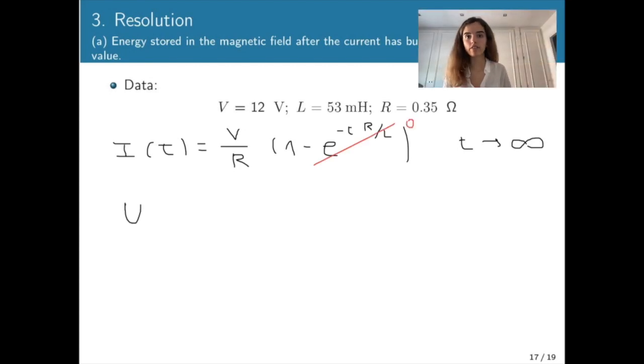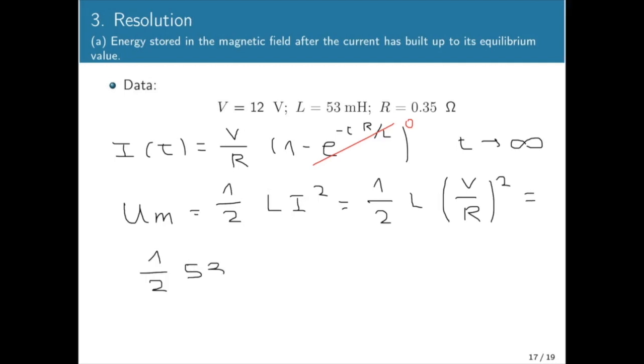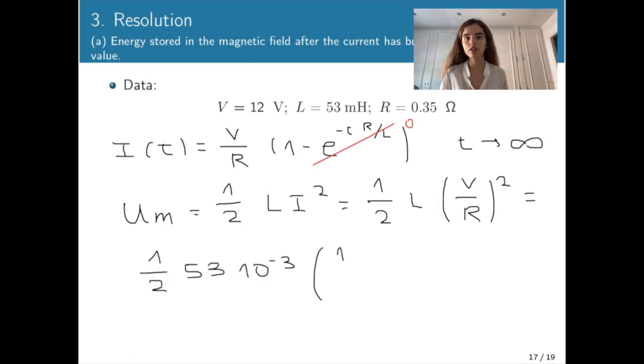Then, substituting the variables and the data given by the statement into the magnetic energy expression, we get the following. Therefore, the result is 31 joules.